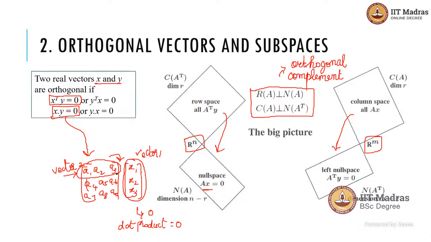That is how we relate the row space with the null space. The row space gives you the independent vectors in the rows of the matrix, so each and every vector in the row space and each and every vector in the null space are orthogonal to each other.